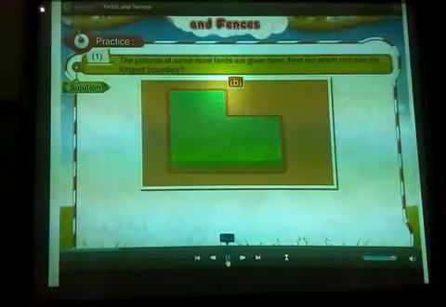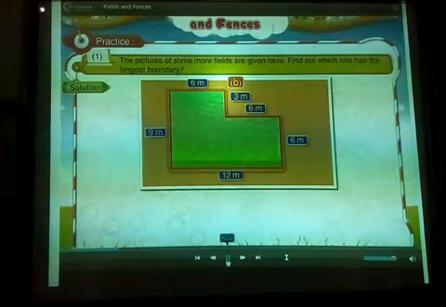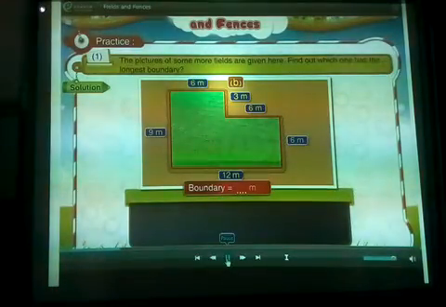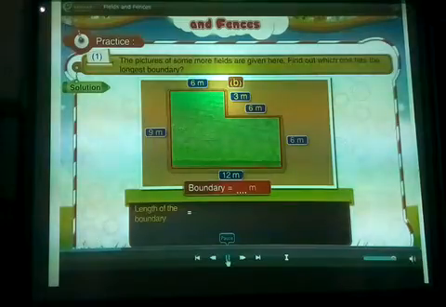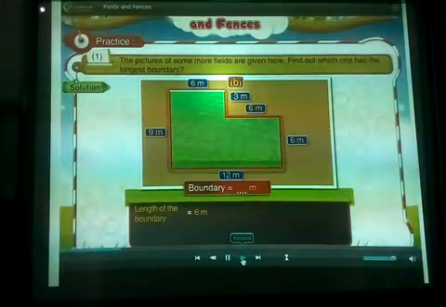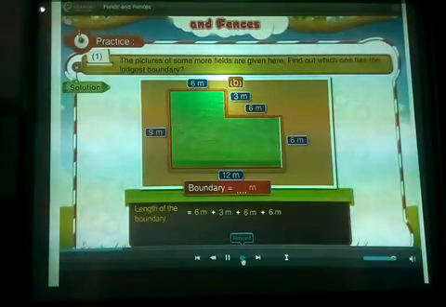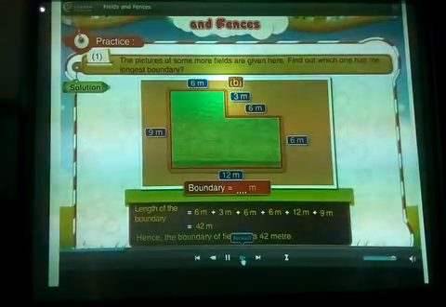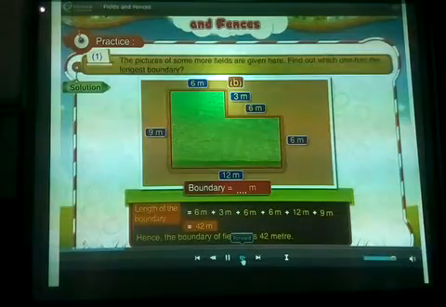B. Look at the length of each side given here. To find the boundary, add the lengths of all these sides. So, the boundary is equal to 6 meter plus 9 meter. Hence, the boundary of field B is 42 meter.